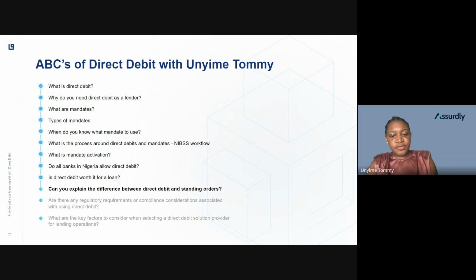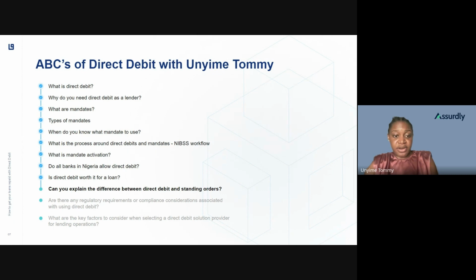So for a standing order, this is basically the customer giving an instruction on their account, which most often than not may not be a recurring instruction, and is almost totally at the power of the initiator, which is the person that initiated the standing order. However, for direct debits, it's you that initiated it, and once it's authorized, you have control over it for the duration that it is valid for.